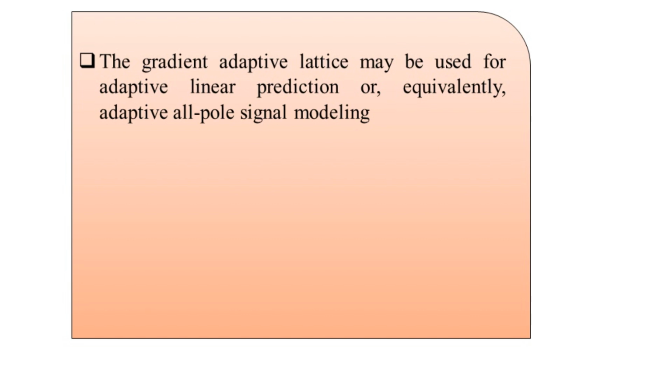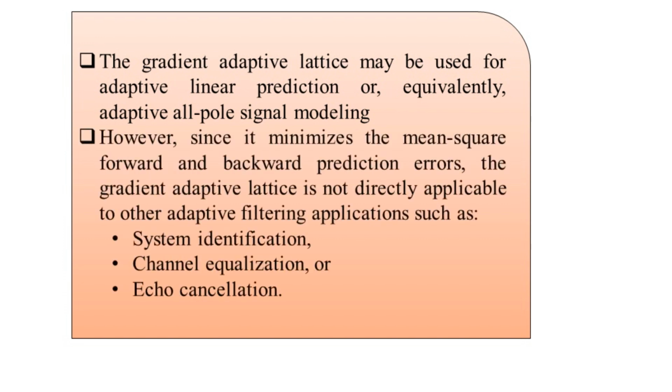Therefore we are going to reconsider the topic of the joint process estimator that can be utilized for the estimation of an arbitrary process denoted by d of n here.